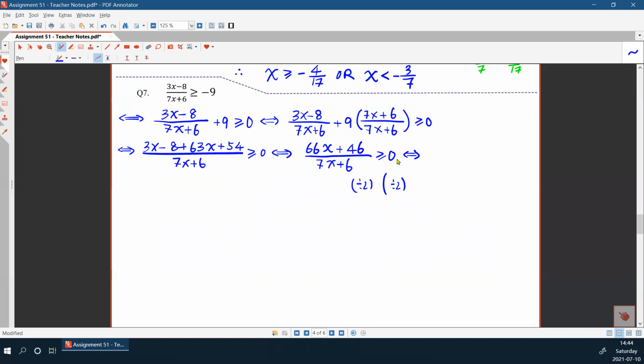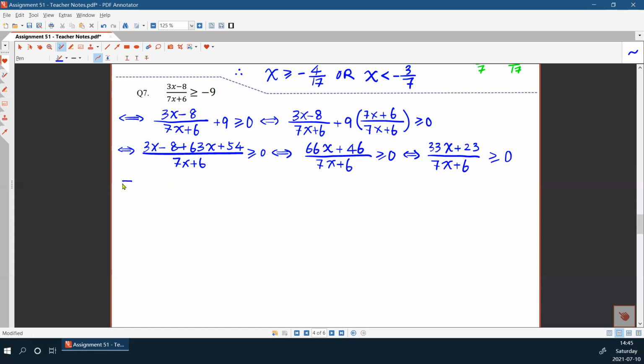Okay, left-hand side divided by 2 is 33x plus 23 over 7x plus 6. Right-hand side, 0 over 2 is, of course, also 0, right? And do not change the inequality symbol because 2 is positive.